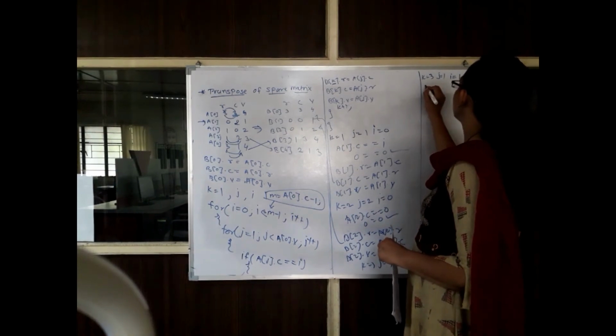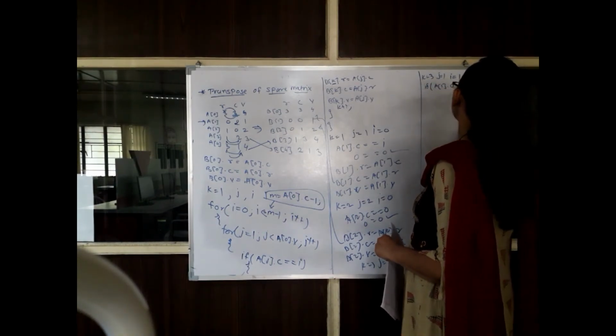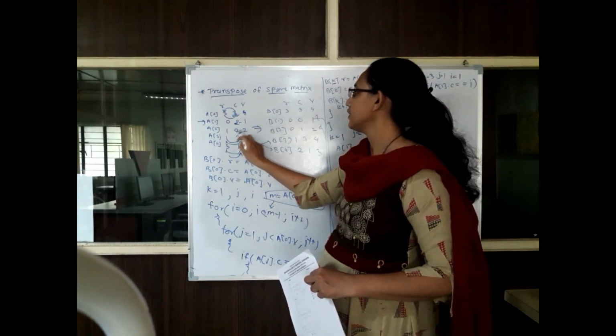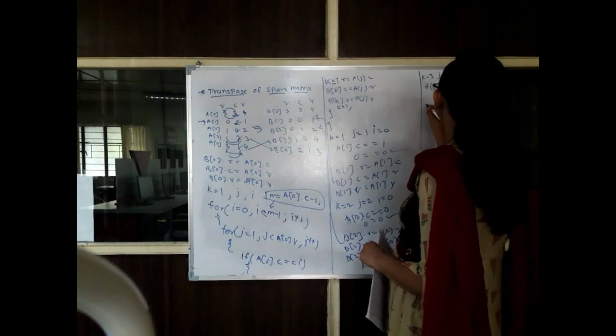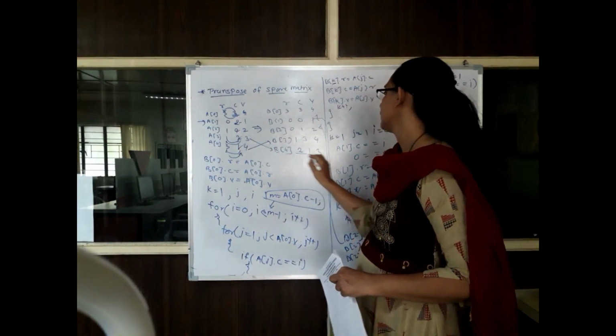Now check if A of 1 dot C is equal to I, that is 1. Whether it is 1? No. Whether it is 1? No. Whether it is 1? No. Whether it is 1? Yes. So at B of 3, you will get this.